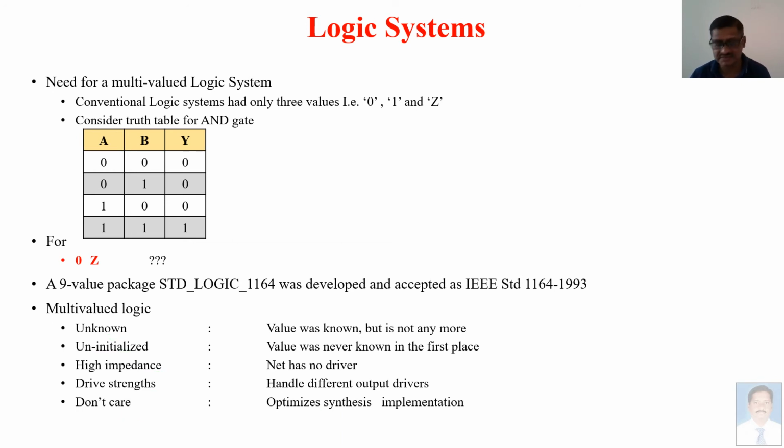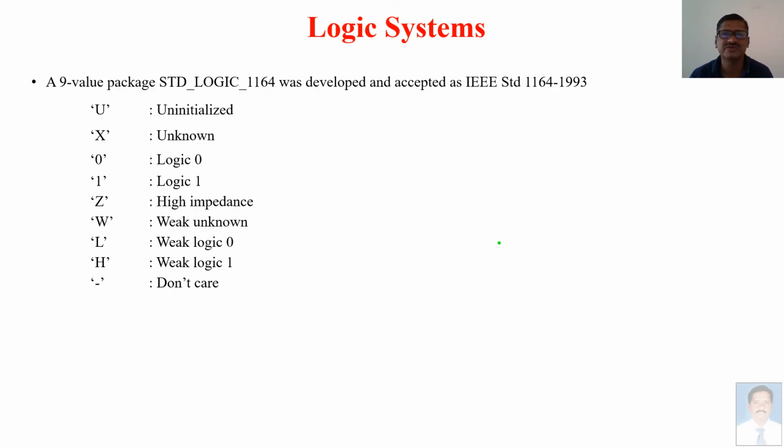These 9 logic values can be explained like this, which is part of the package IEEE STD 1164-1993. U means uninitialized, X means unknown, 0 means logic 0, 1 means logic 1, Z means high impedance, W means weak unknown, L means low, or weak 0, and H means high, or weak logic 1, and this hyphen means don't care.